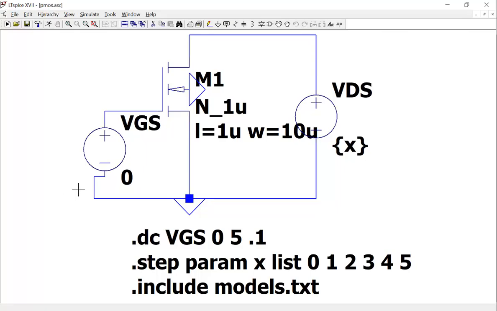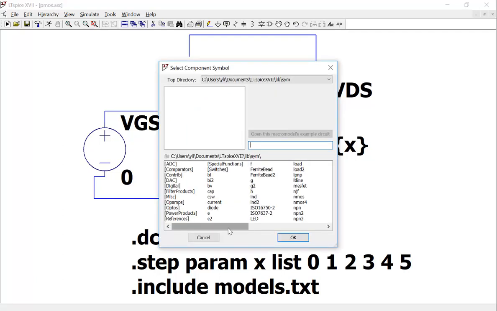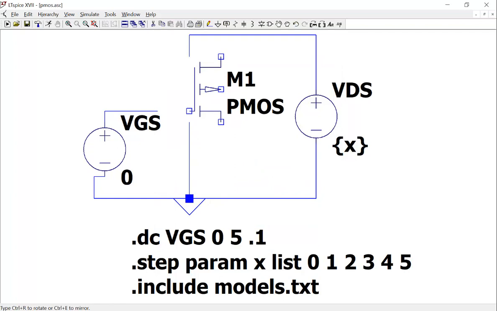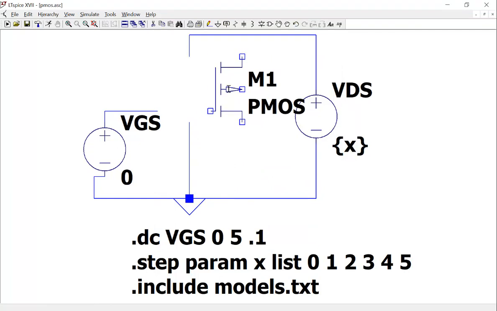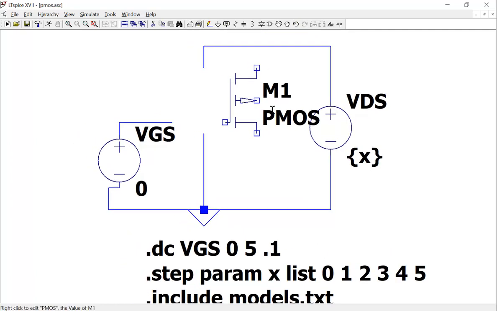For PMOS, just delete it. Press F2 and find the PMOS transistor. There's a hidden rule here, which is that you can see the gate is not in the middle, and it's always closer to the source.